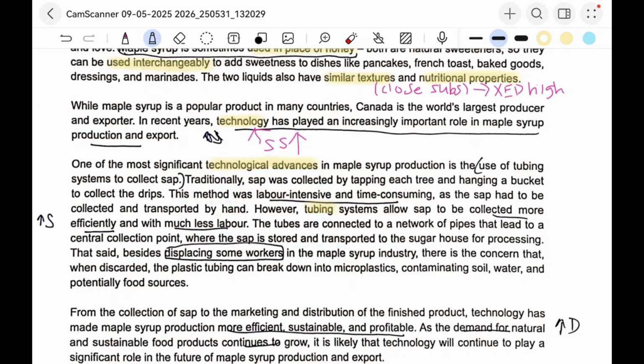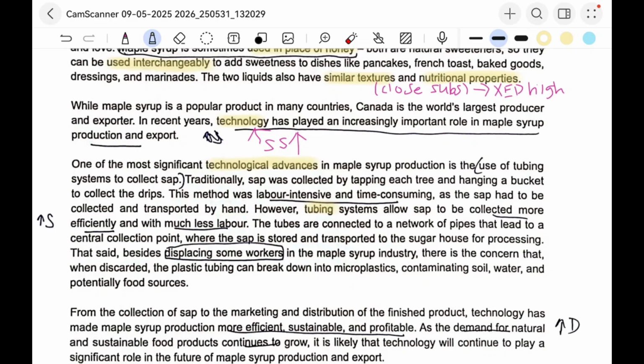The tubes are connected to a network of pipes that lead to a central collection point where it is stored, transported and processed. That said, besides displacing some workers, there is the concern that when discarded, the plastic tubing can break down into microplastic and contaminate this.